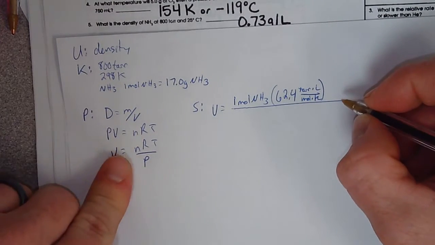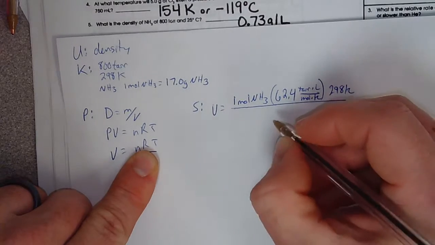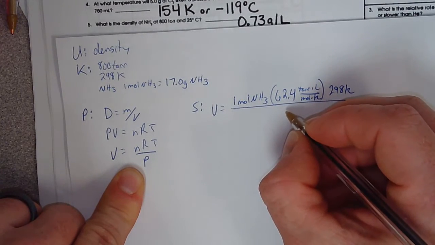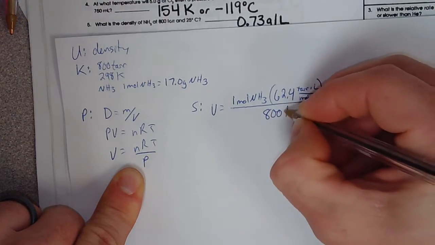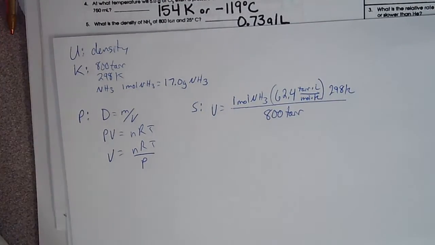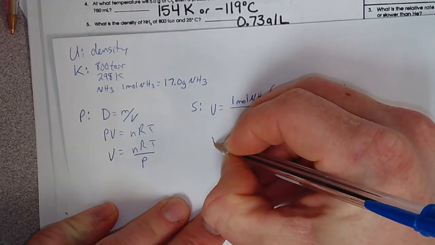And the temperature is 298. And I'm going to put that all over the pressure, which is 800 torr. Plug that into the calculator, and I got 23.2.